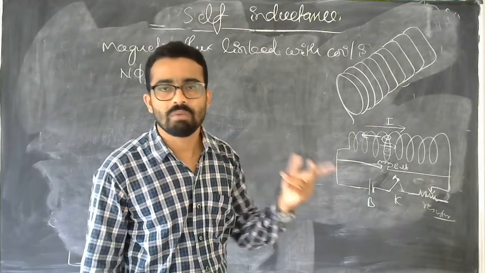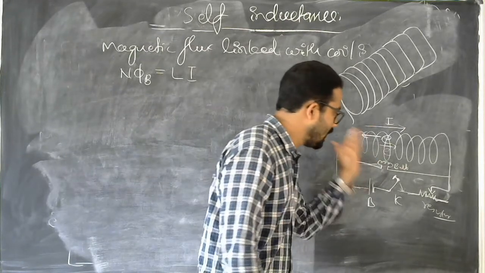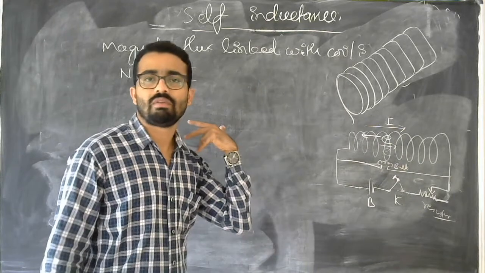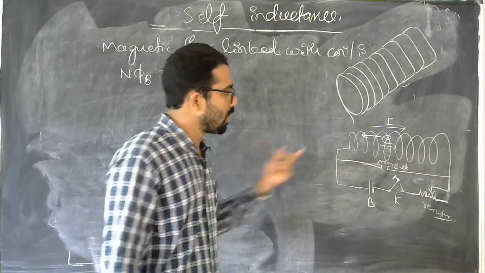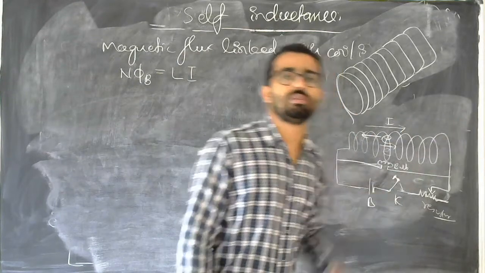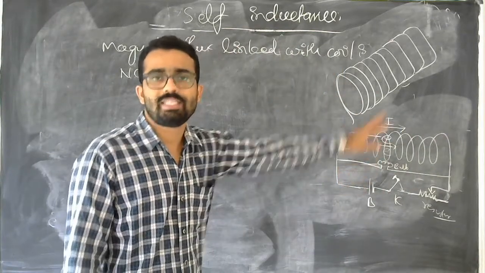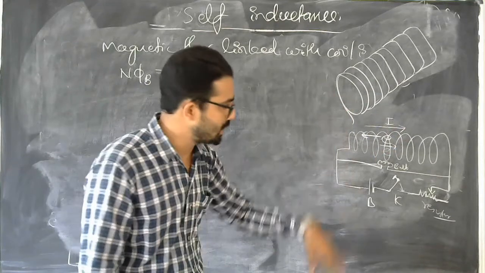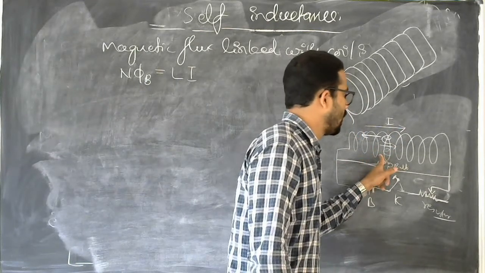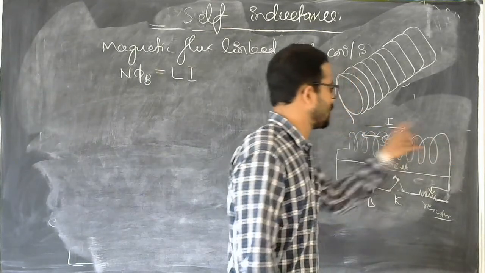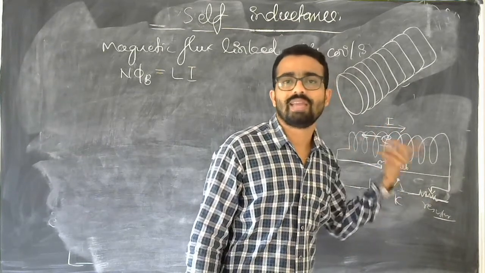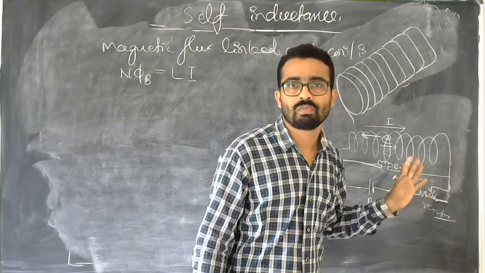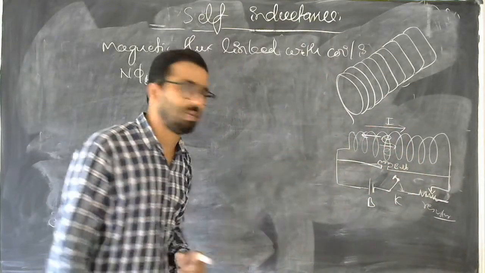I am repeating once again: once we release the key, the current decreases along this direction. To oppose this decrease, the EMF will be in the same direction as the current.